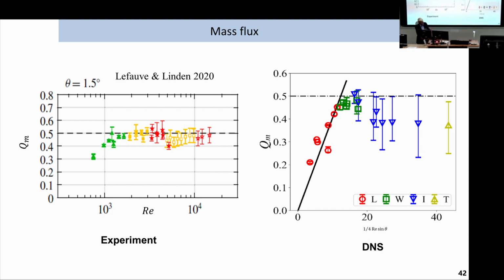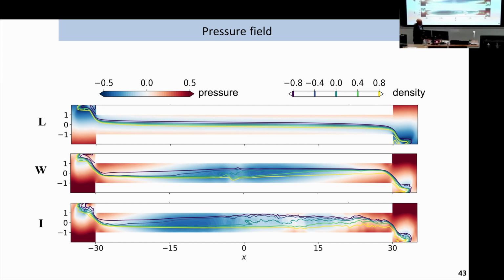But we can look at how that works. And I think that's interesting. The way you can do that is look at the pressure. Okay, so at the top is the laminar case, and the colors correspond to the pressure, and the lines correspond to the density field. Let's look at the top picture first of all, and look at the lower layer, which starts red on the bottom on the left, and goes all the way through to blue on the right.